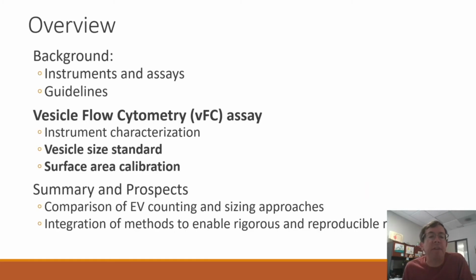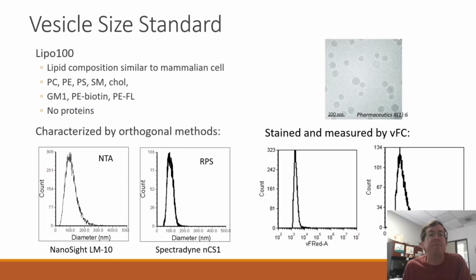So now we'll turn to the vesicle size standard and its use in surface area calibration. As I mentioned, we have a synthetic lipid vesicle we call Lipo 100. It's of a defined lipid composition that's similar to an average mammalian cell. It's been extruded through a nucleopore membrane so that it has a relatively uniform size distribution.